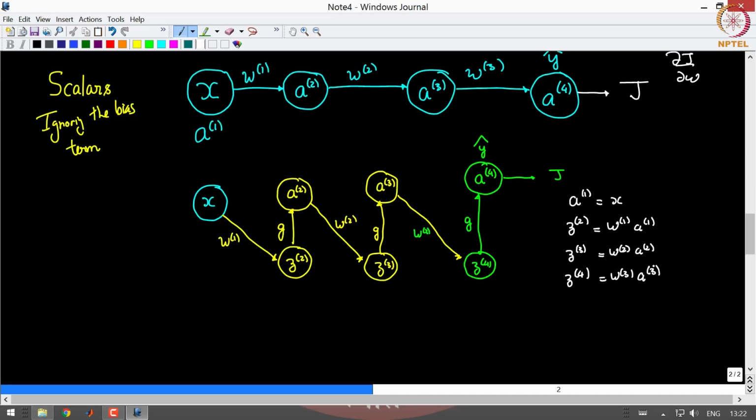This is my simplification of the linear summation process that we have. If we were dealing with the full vector case, all that would change here is this would become W transpose times A vector, W2 transpose times A2 vector, etc.